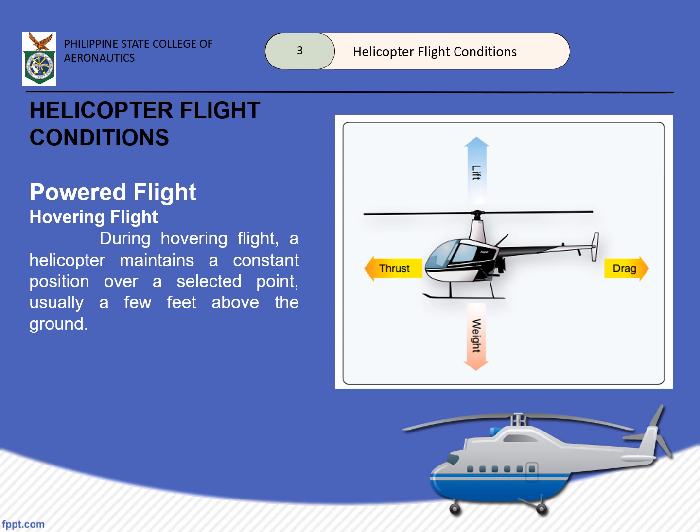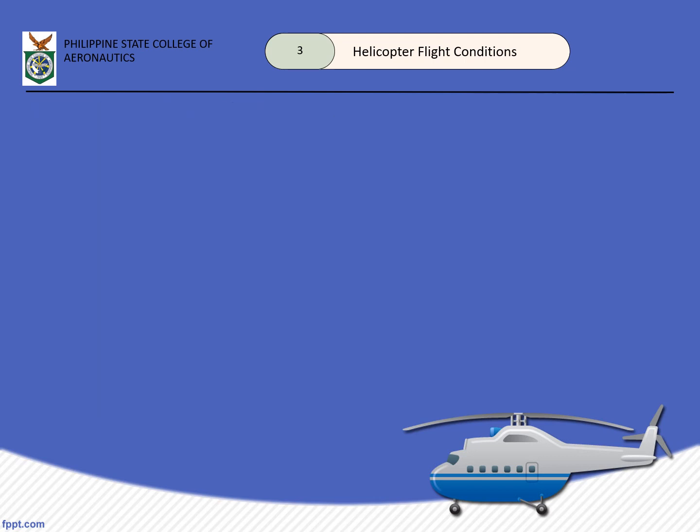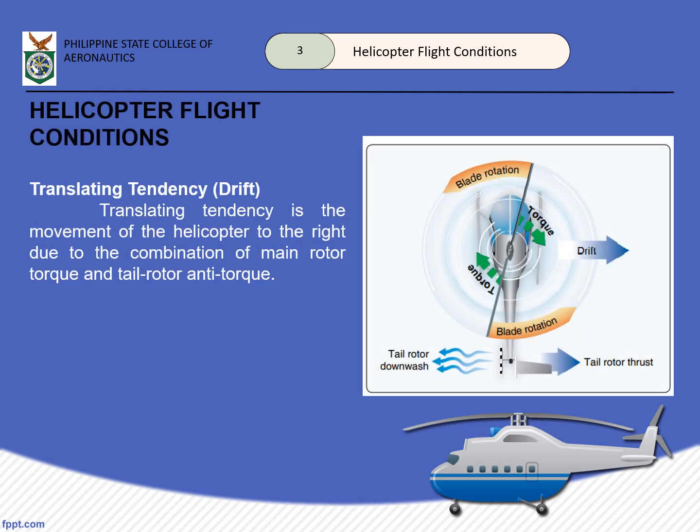So, under ng ating hovering flight, we have these tendencies. So, the first one is yung ating translating tendency or drift. So, translating tendency is the movement of the helicopter to the right due to the combination of main rotor torque and tail rotor anti-torque.